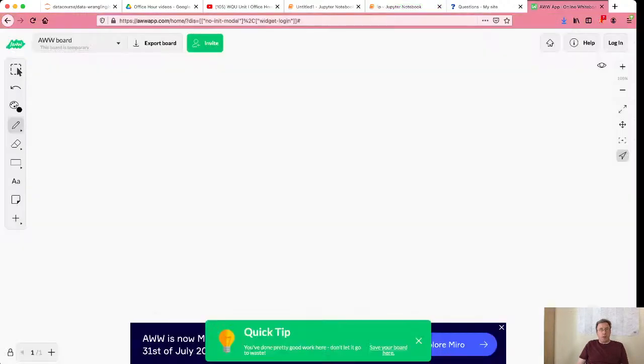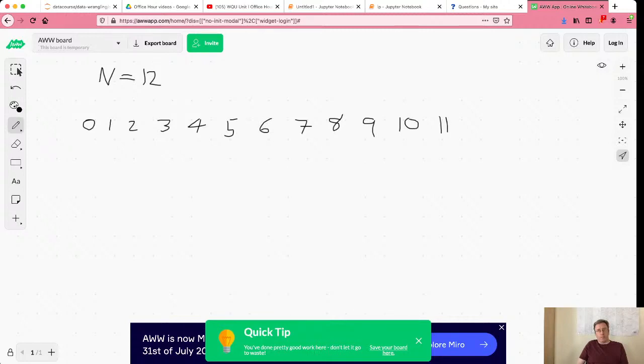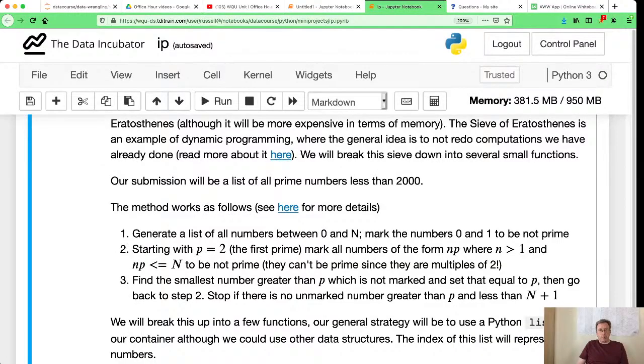Well, let's suppose n is 12, for something definite but also something small. If I just follow the procedure outlined here, I'm going to write down all the numbers between 0 and 12 inclusive. So generate a list of all numbers between 0 and n inclusive. Let's say we include n.